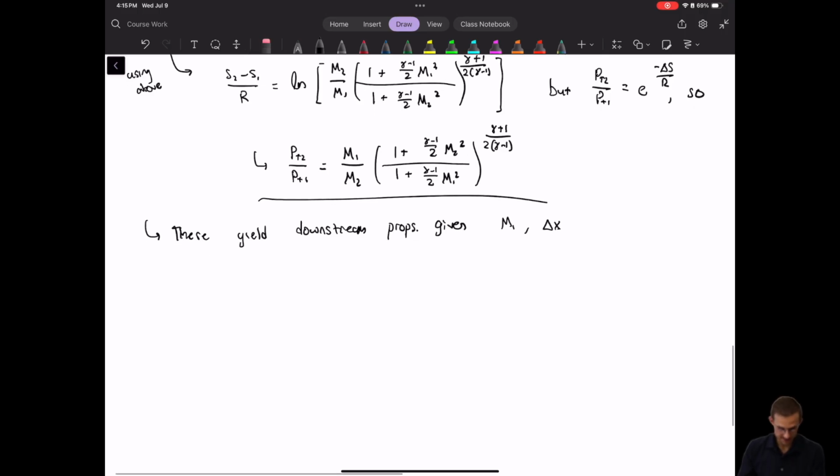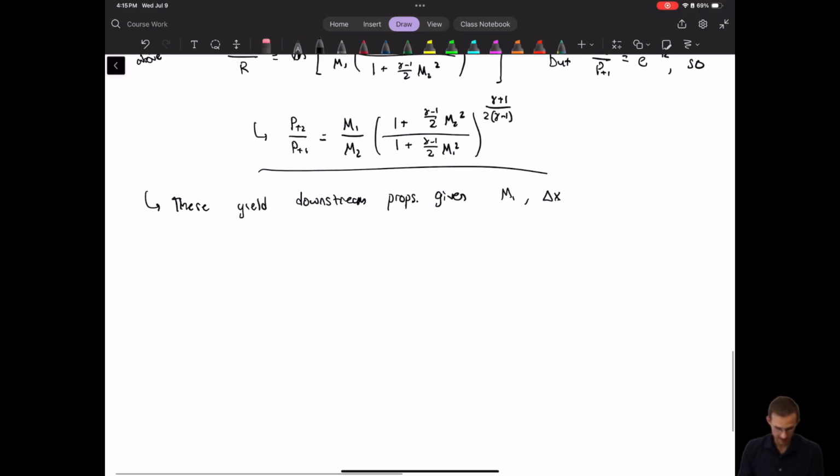Okay. All right. So now let's introduce another reference state. Okay. So this is not the sonic reference state. I'm going to call it the star F reference state to show that it's for Fanno. In the book, this is not done, which I thought was a bit confusing.